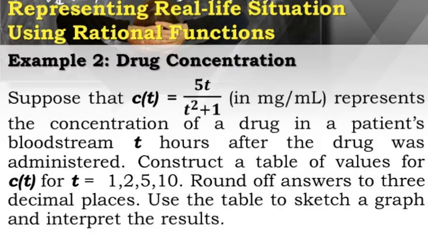Construct a table of values for C of t for t equals 1, 2, 5, and 10. Round off answers to 3 decimal places. Use the table to sketch a graph and interpret the results.